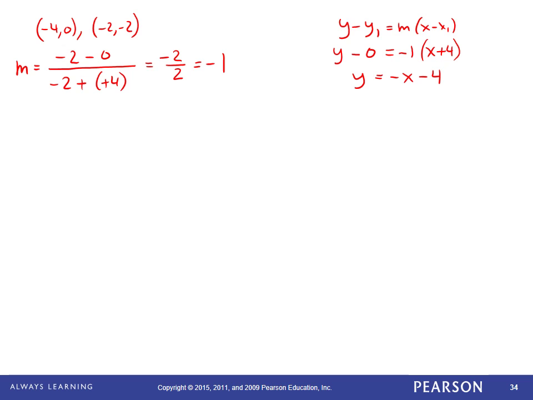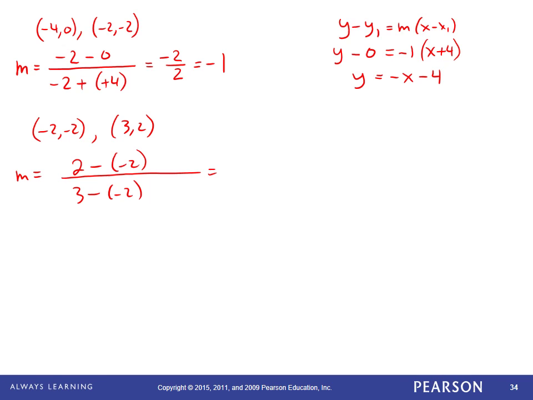So I'm looking back at the previous slide here, and I'm seeing -2, -2 as 1 point along that line going up, and then it goes up to 3, 2. So now, getting my slope here, 2 subtract a -2 on top, and 3 subtract a -2 on the bottom. Well, that's kind of fun, because that's going to give me plus plus on top.